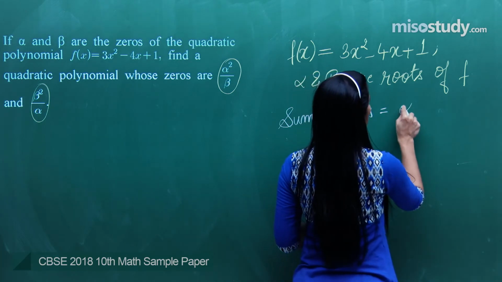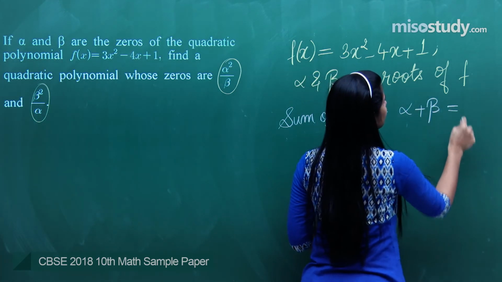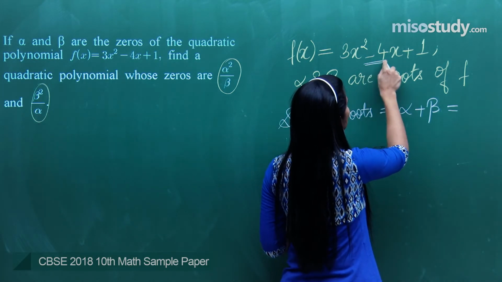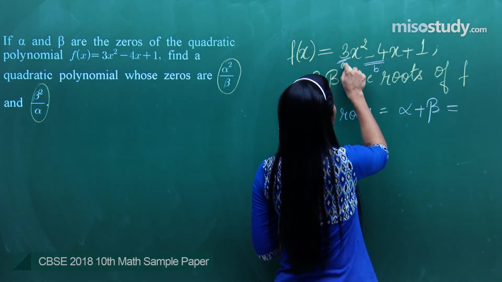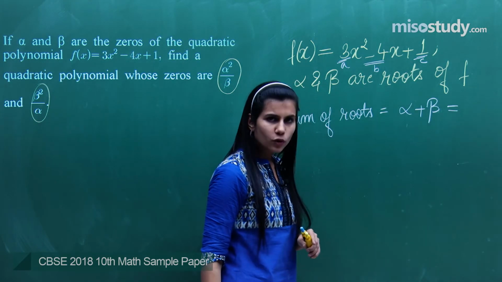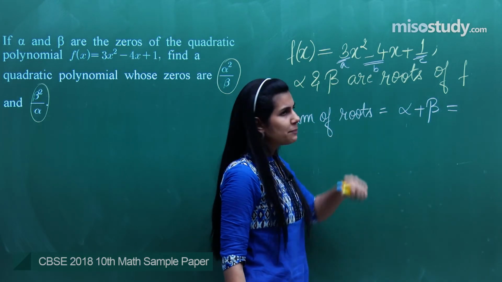So sum of the roots, which is alpha plus beta in this case, is minus b by a. So minus of, this is your b, this 3 is your a, and this 1 is your c. Comparing it to the general form of a quadratic polynomial, this is what a, b and c are.